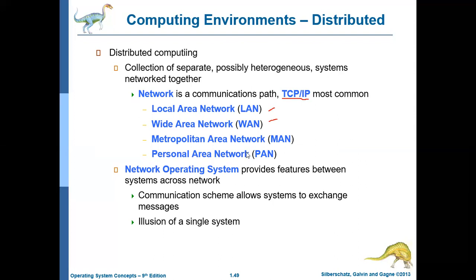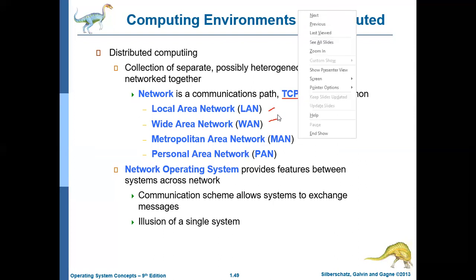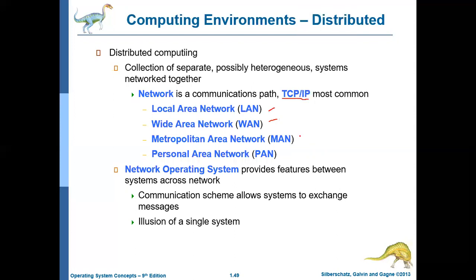LAN means local area network, which is limited within a particular room. So if there are 10 computers interconnected in a room, that is called a LAN. The computers that are interconnected within a building from one room to another, you can call it a WAN.